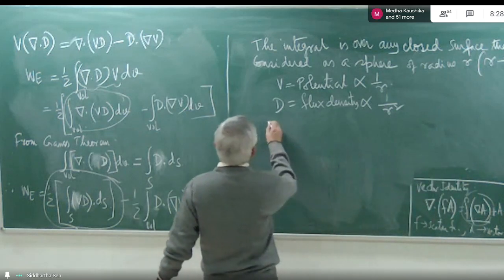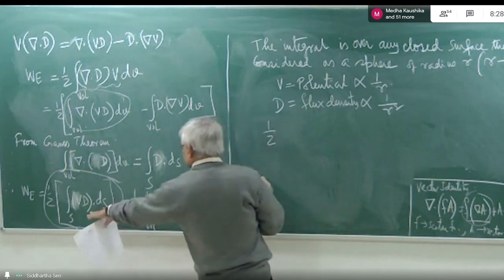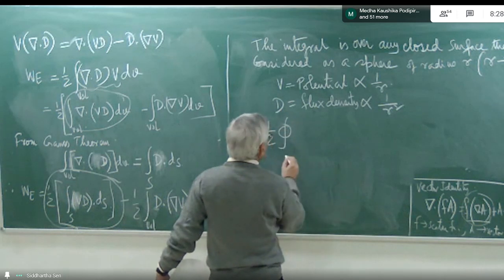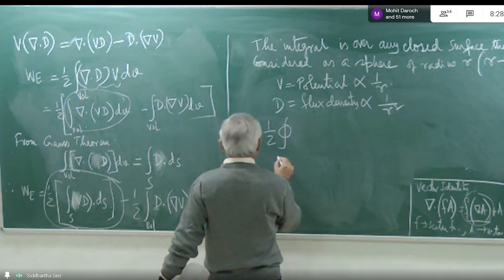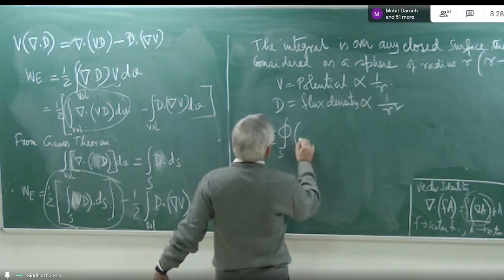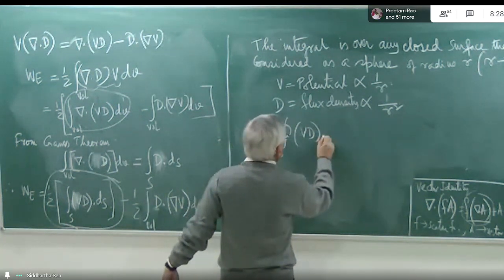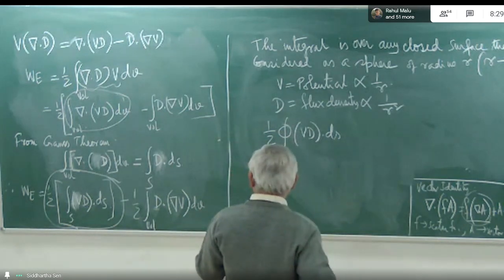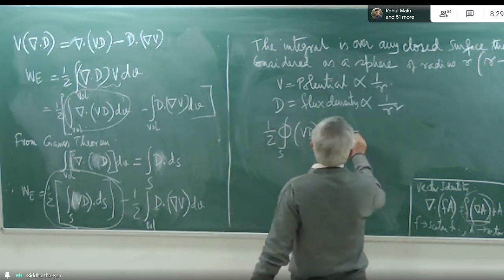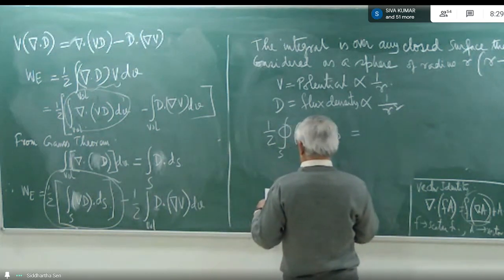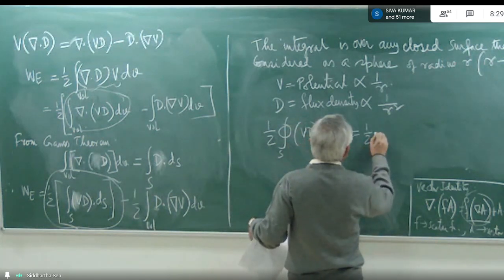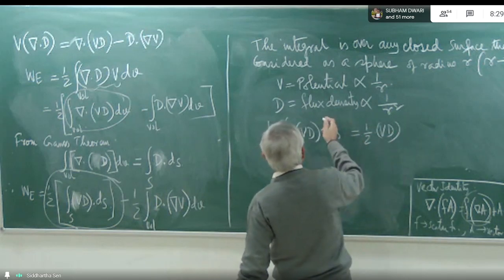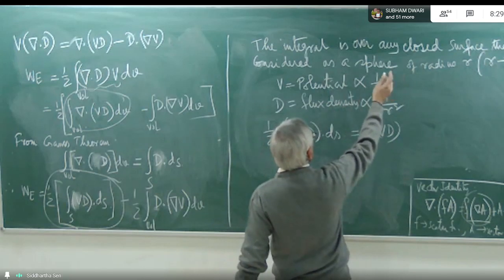Now if I consider the first part only, I can write the surface integral of half of V D dot dS, which is equal to half of V D into, this is a surface integral over a sphere of radius r.